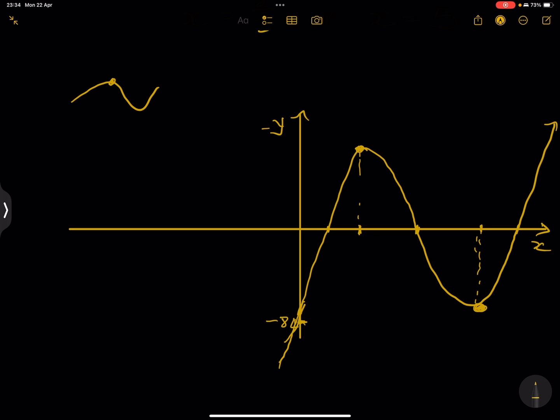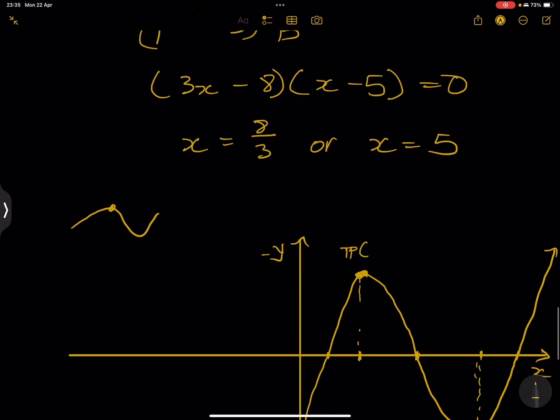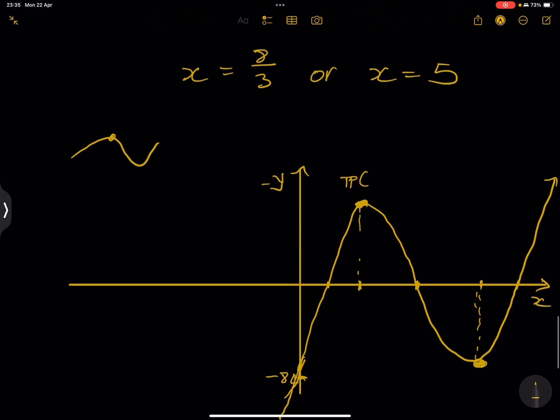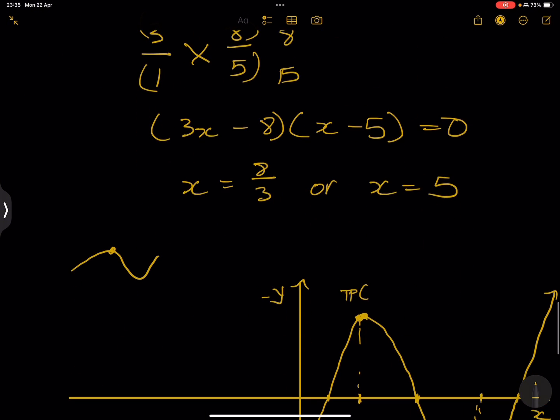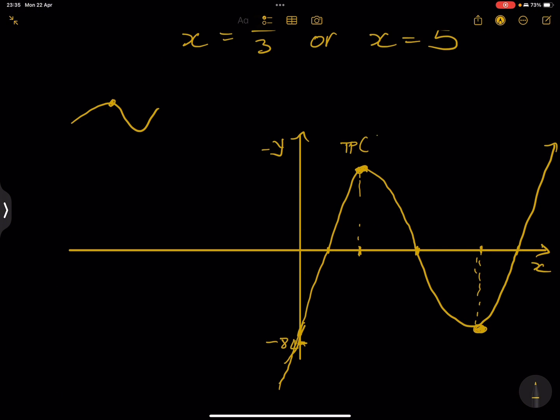Okay, so this is our first turning point. And the x value, we said that was 8 over 3. Yeah, so that's 8 over 3, and some y value of the turning point. And then this value here would be 5, and some y value of the turning point.